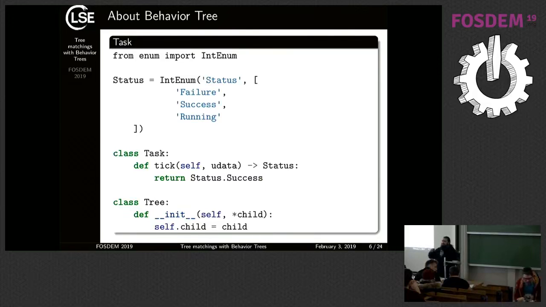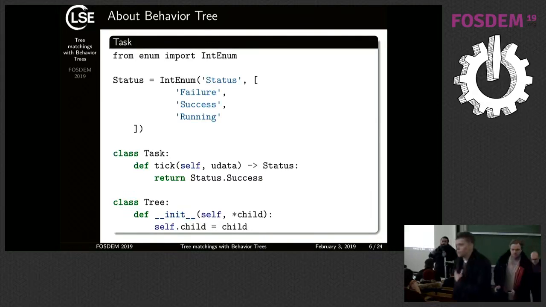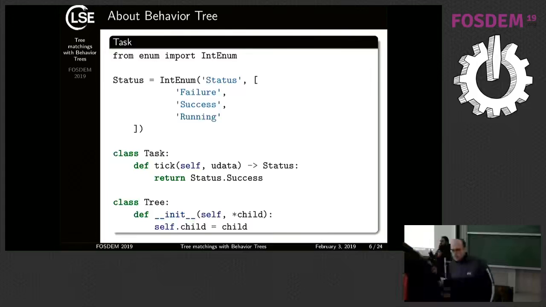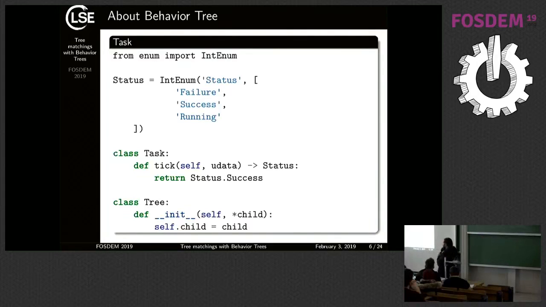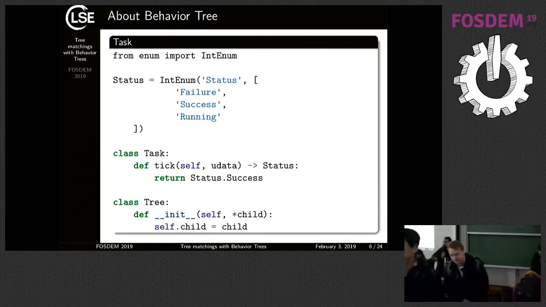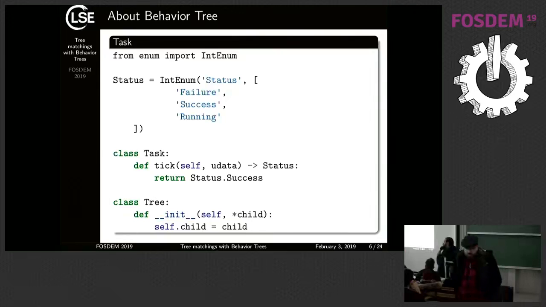A tick is related to time in a video game, but in our problem here, tree matching, the tick will be something else. But the important thing is that this method, tick, does something and returns a status, the status of the task.